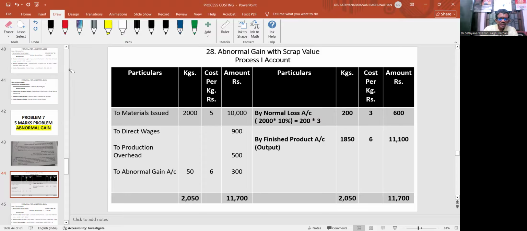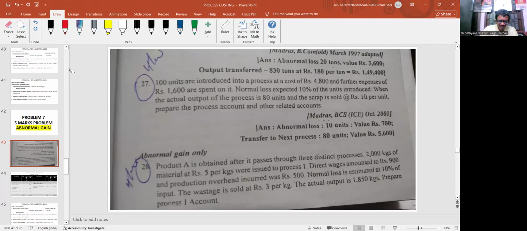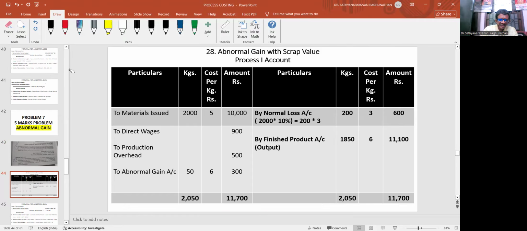Now, on the debit side, to material issued kgs 2000, that is the input. Cost per kg 5, amount 10,000.